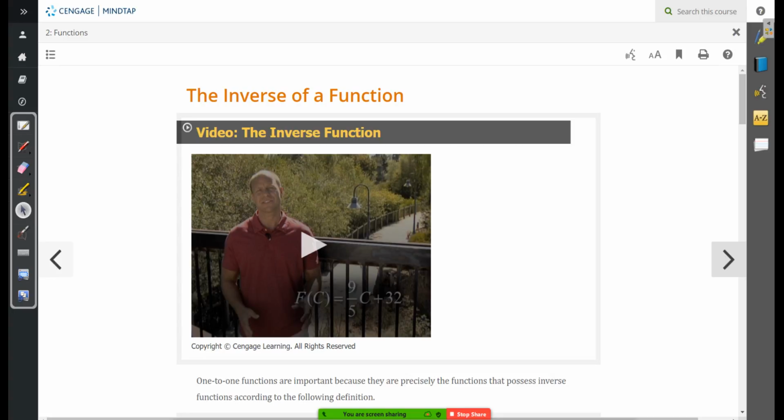Next up, the inverse function. Okay, so this is fun.